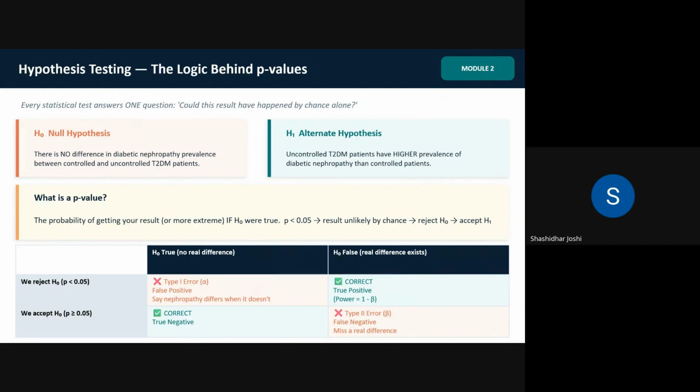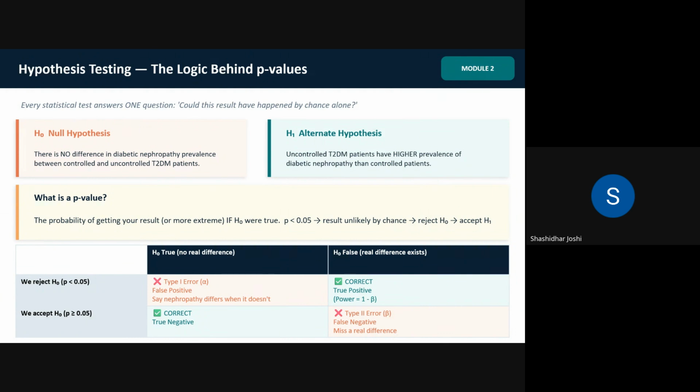That's how I start. Whereas the alternative is something you want to prove using your experiment or your sample. The alternative hypothesis: uncontrolled type 2 diabetes patients have a higher prevalence of diabetic nephropathy than controlled patients. That word higher is very important, because that is something you want to prove.